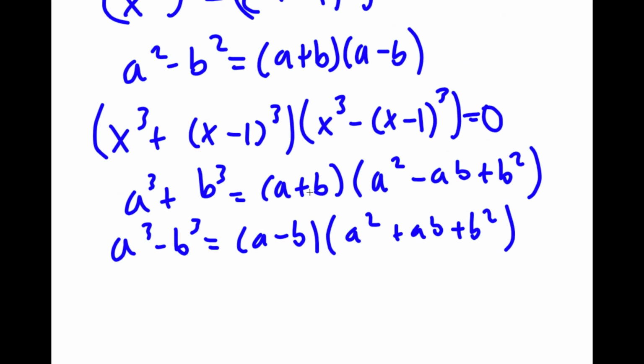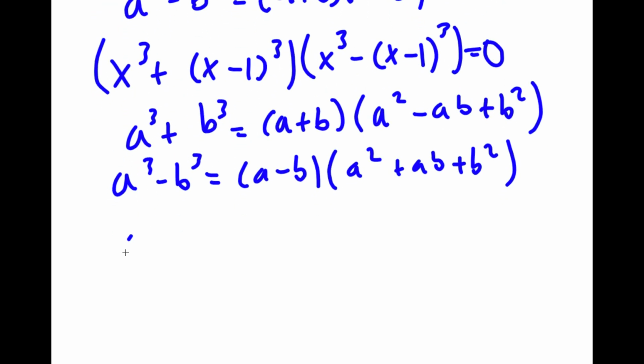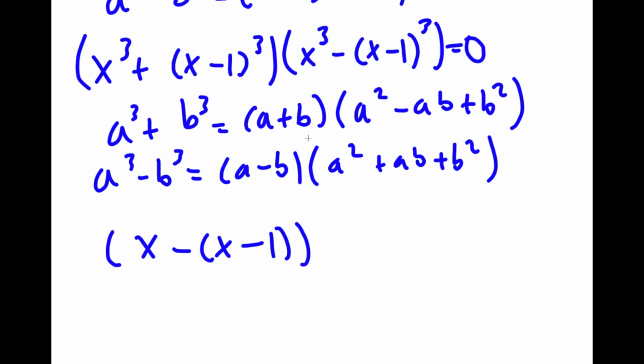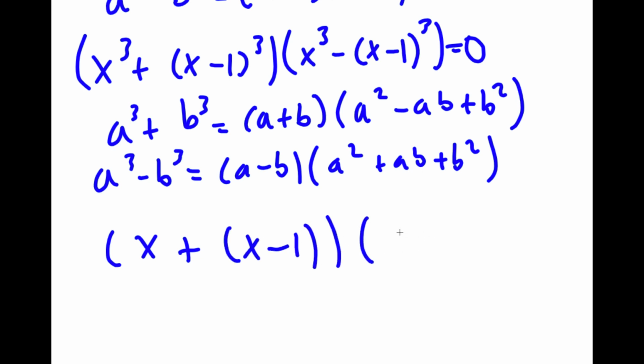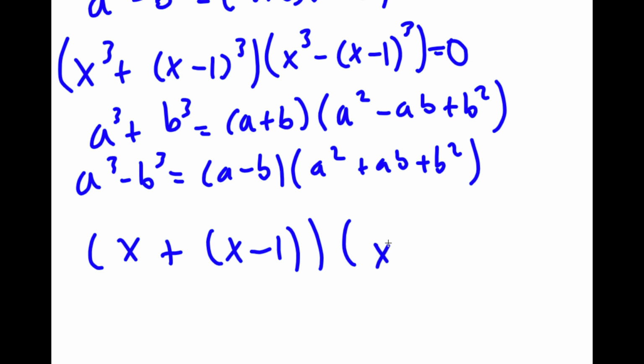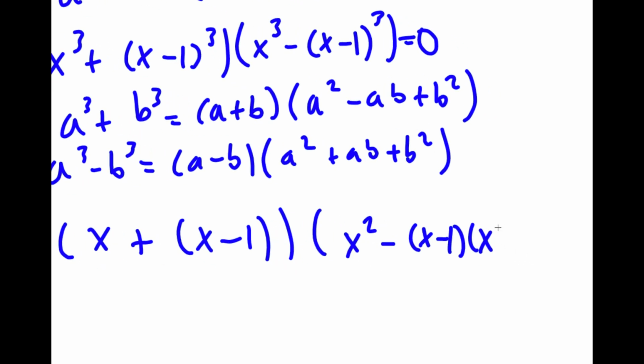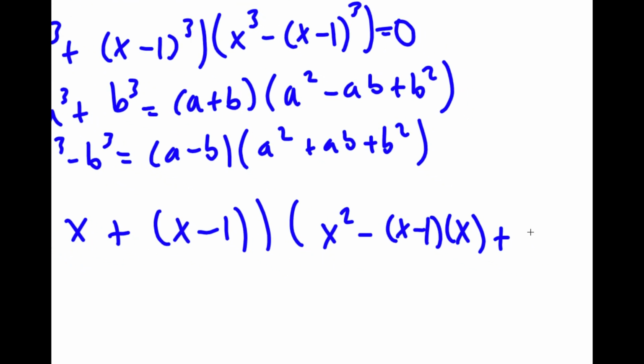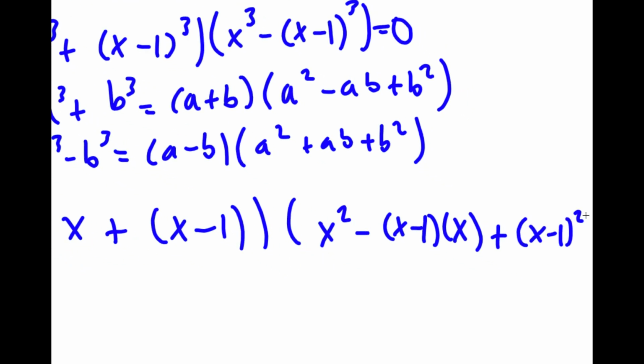So I'm going to rewrite this as (x plus x minus 1) times (x squared minus x times (x minus 1) plus (x minus 1) squared).